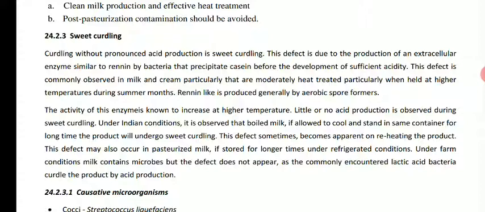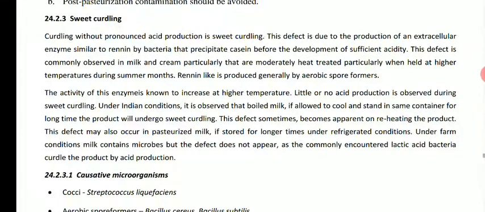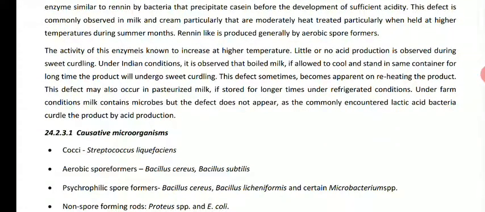So this defect is commonly observed in milk and cream, particularly those that are moderately heat treated, particularly when held at higher temperatures during summer months. Rennin-like enzyme is produced generally by aerobic spore formers. The activity of this enzyme is known to increase at higher temperature.